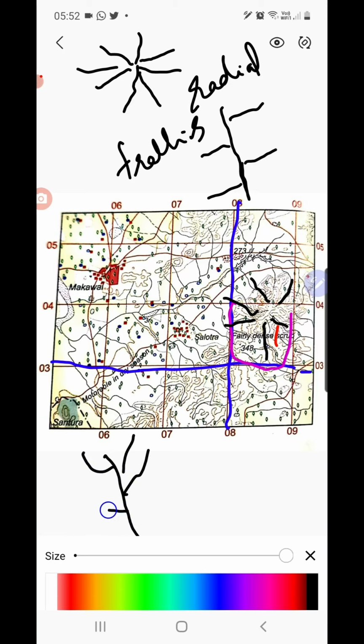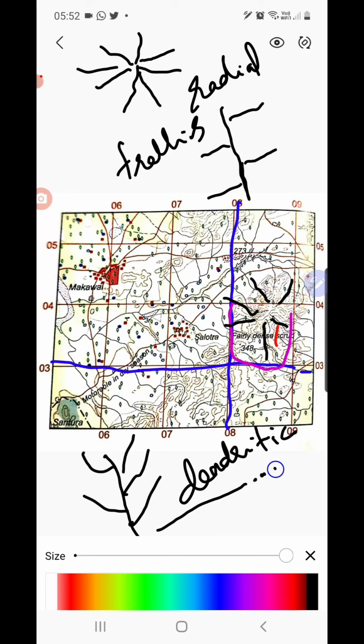Then one more pattern you will find like this. If you find this kind of pattern, then you can call it a disappearing stream or underground drainage. Accordingly, we found that this pattern is radial.